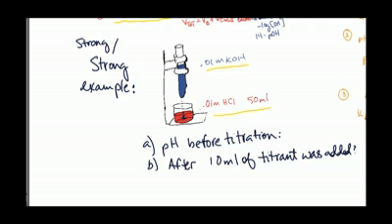Before the titration, we look at what's in the beaker: 0.01 molar hydrochloric acid, and we have 50 milliliters of it. What we need to remember is that the molarity of the strong acid equals that of the proton.